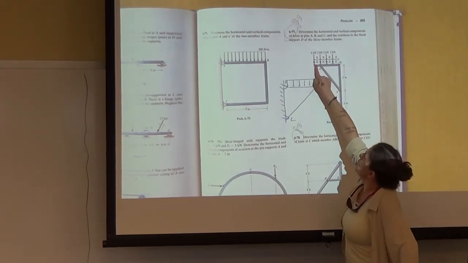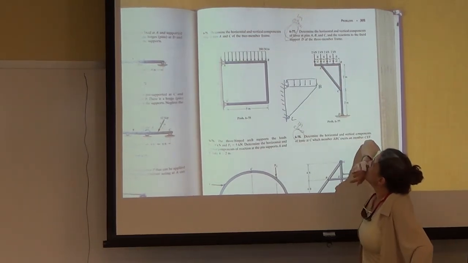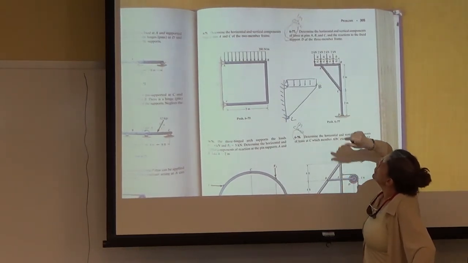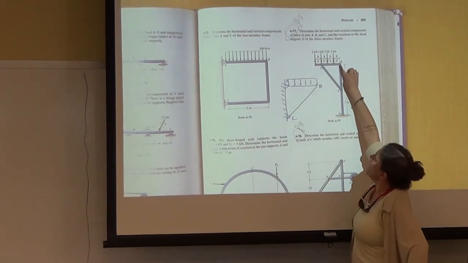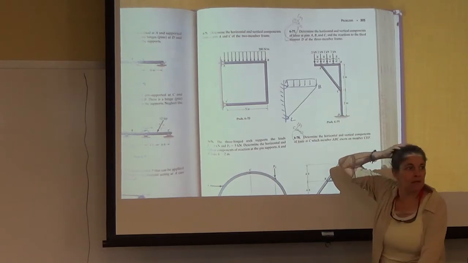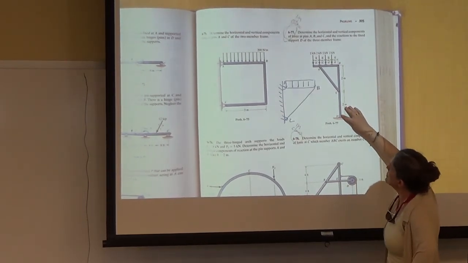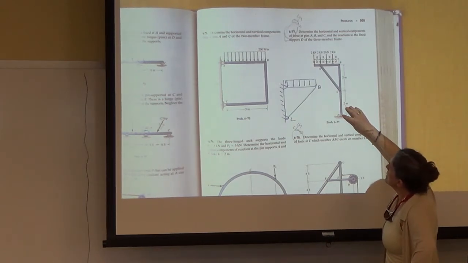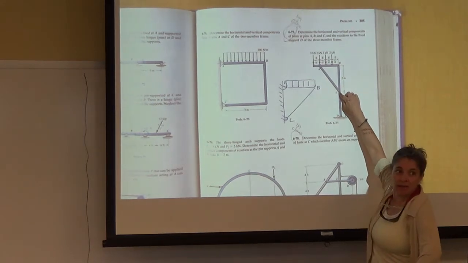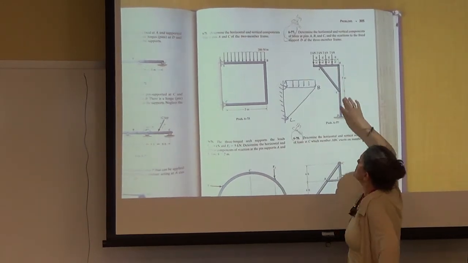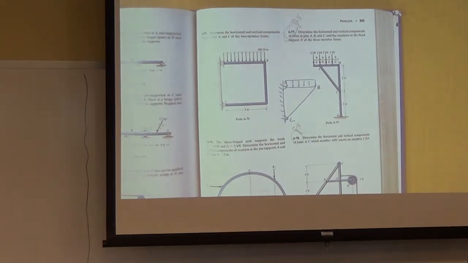And so when you looked at this member, how many unknowns were there? 3: BX and BY and the AC. And if you only did this member, how many unknowns are there? 3, BX and BY and the AC again. So whether you did this member or this member, you have one member with 3 unknowns and you need 3 equations.